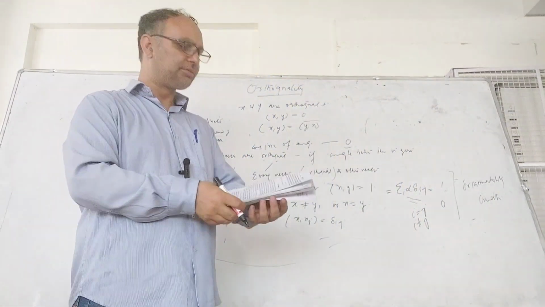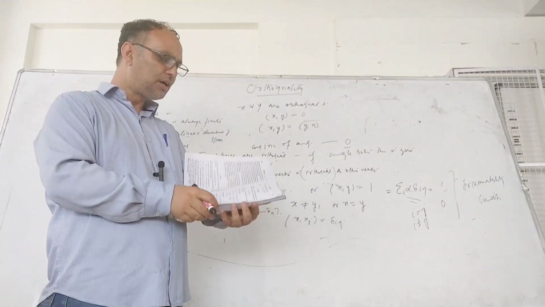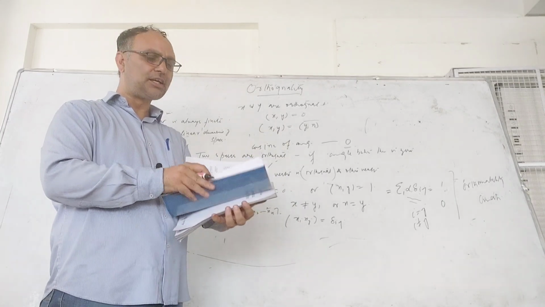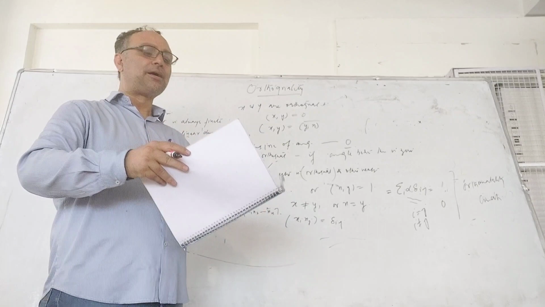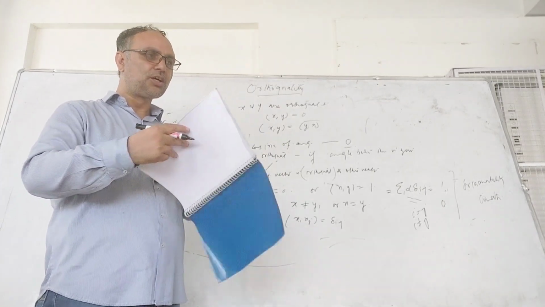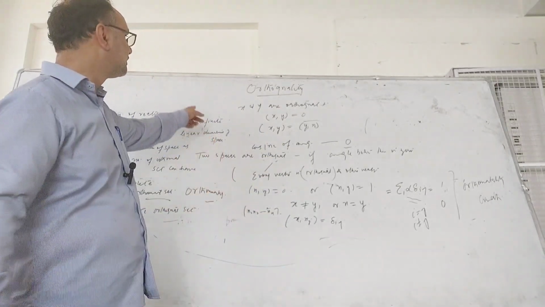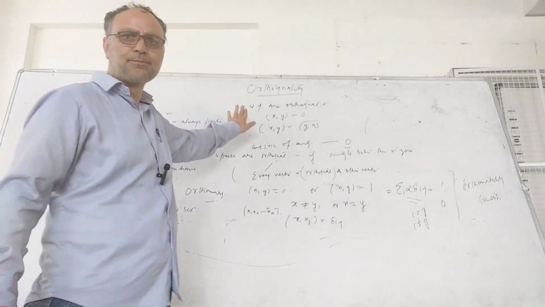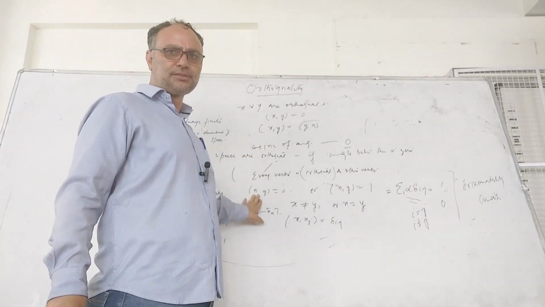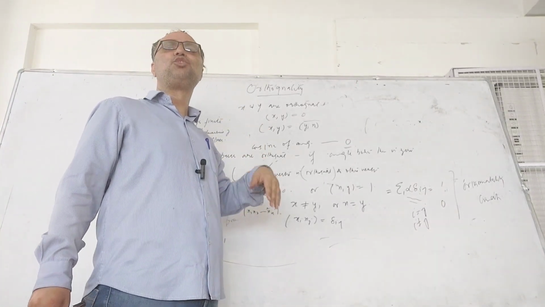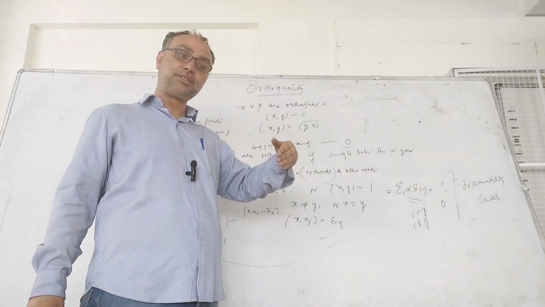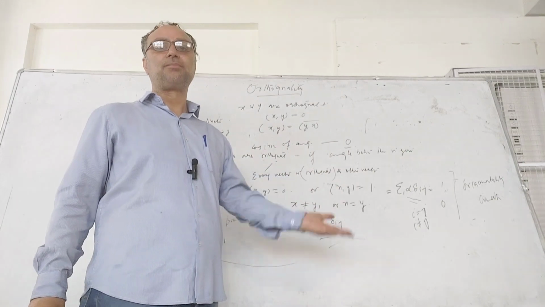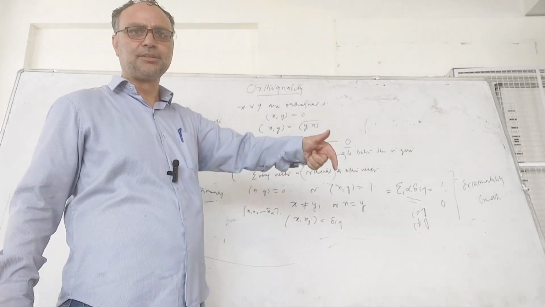So this was a brief look at how we define orthogonality and orthonormality. But the important point to mention is that we are doing these operations in this complex space. If you define one set of vectors, the alternate set of vectors has to be defined in the conjugate space.